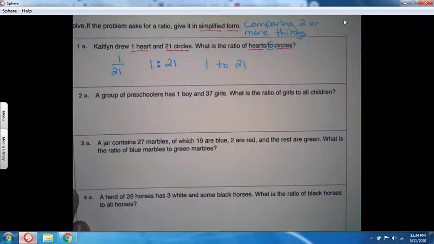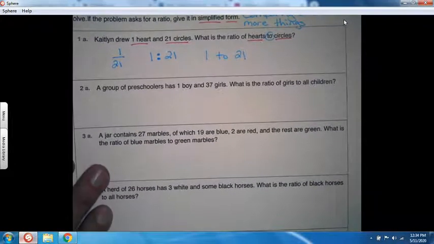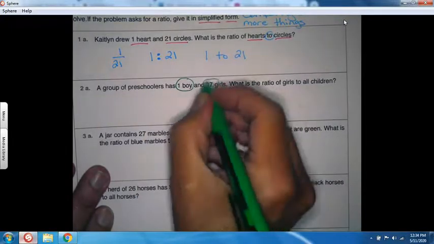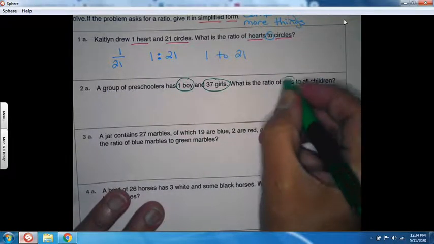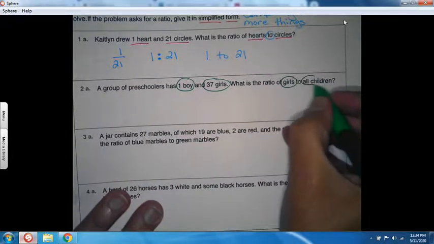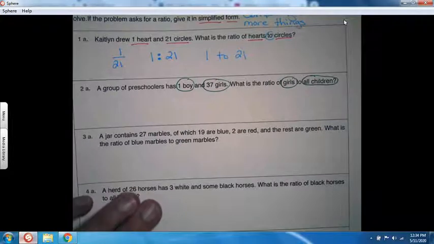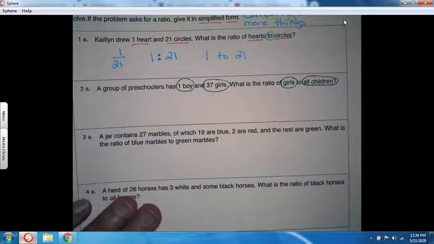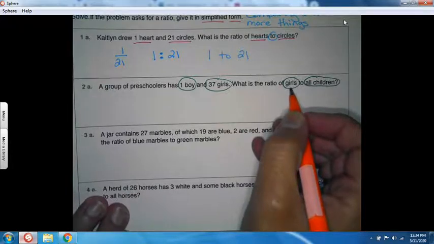A group of preschoolers has 1 boy to 37 girls. So I underline or circle, it doesn't matter. 1 boy, 37 girls. What is the ratio of girls to all children? Now, you have to be careful with this one. Girls to all children. So they want girls first. So girls, that number has to go on the top, or it has to go first.